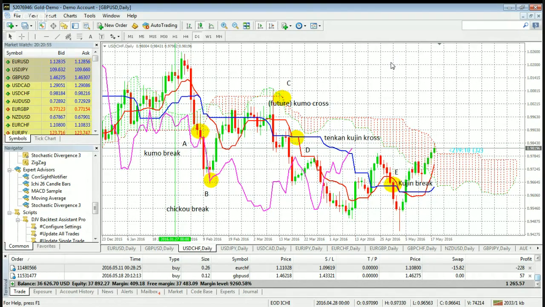The problem comes when you start breaking those rules, especially when you start panicking. That's why best practice for starting out is running a demo account first, to build your confidence and make sure you understand the flows, and we just take it from there.